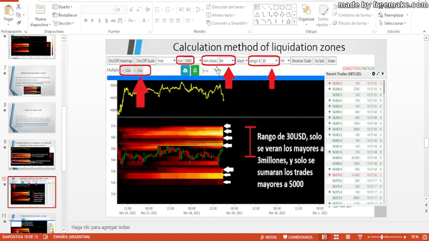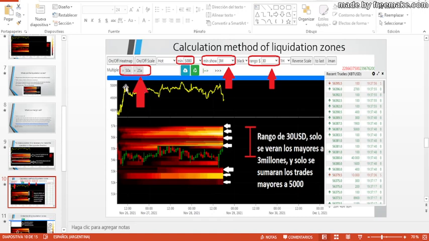Then the software shows the summarized account of trades greater than this number, in this range, masked by this number, 3 million, to show in the chart.